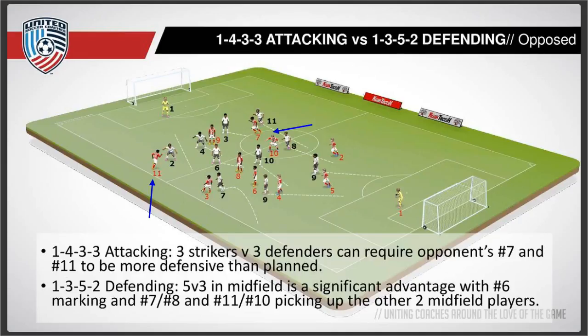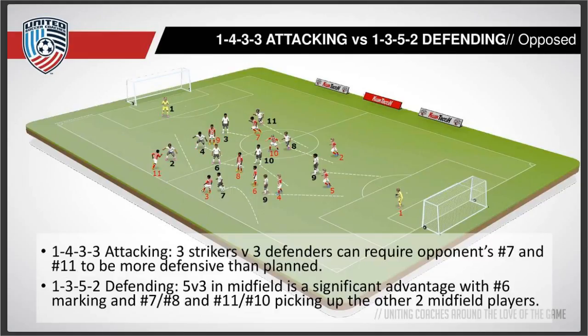Sure. So I think there's a couple of ways to answer this question. Firstly, playing with 3 at the back, you've got to have a level of confidence in the back 3 anyway. And so there will be times in the game, particularly against the 3 up front, where we may go 1-for-1, your 3 against my 3.